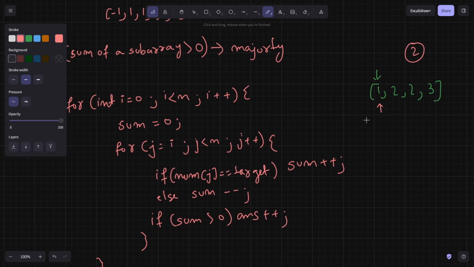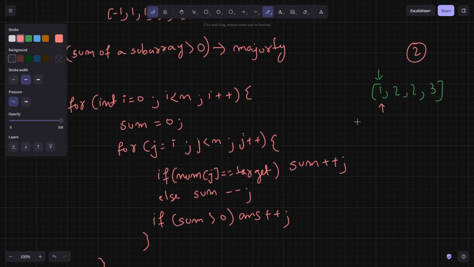Sum equals 0 here. Is it equal to target? No, so sum minus minus, so sum becomes -1. Now move j to the next. Is the element equal to target? Yes, so increase it by 1, which makes it 0. Is 0 greater than 0? No.